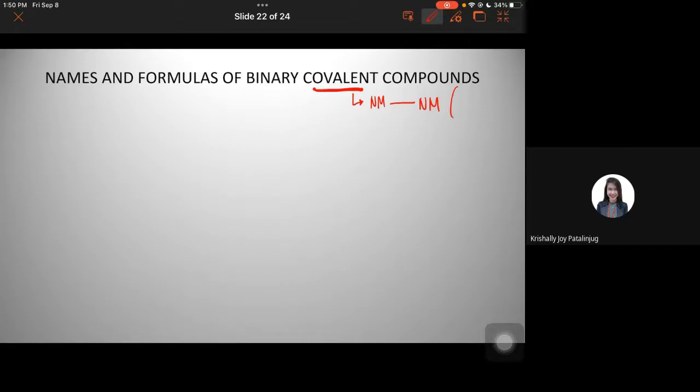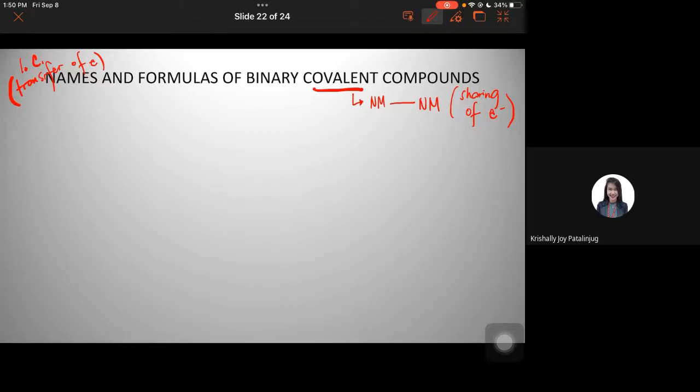What happens here is only sharing of electrons. Earlier, regarding ionic compounds, it involves transfer of electrons. Transfer, because one will lose an electron and the other atom will accept an electron.